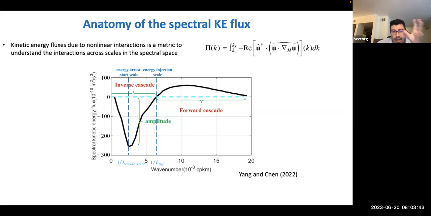So the idea is, okay, we have information from the conventional altimeters. Now, how can we extend this knowledge using ODYSEA? Can we retrieve the dual kinetic energy cascade? When I say dual kinetic energy cascade, it means that we can capture the inverse, but also the forward energy cascade.